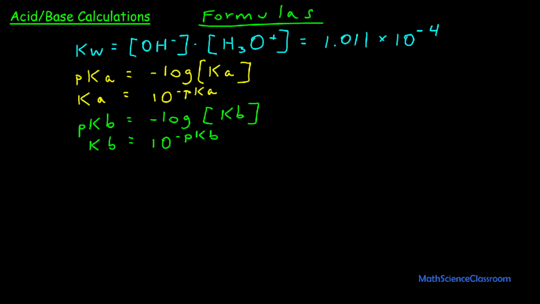Now the pH. pH is the negative log of the concentration of hydrogen ions. So pH equals the negative log of H3O, or hydronium ion concentration, and that is the pH.